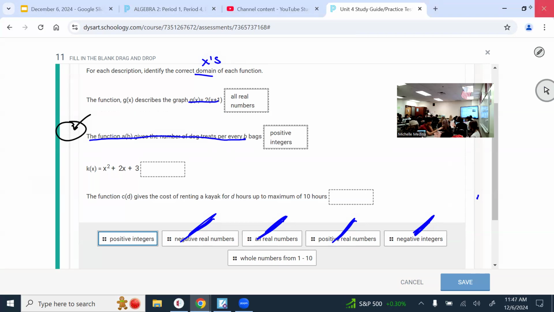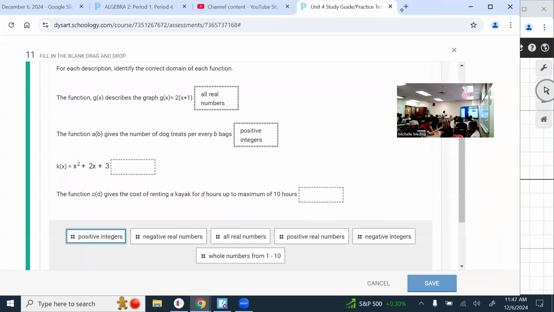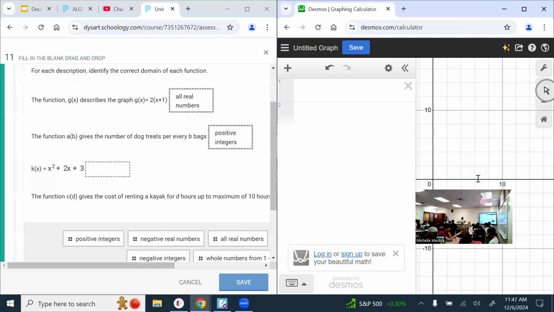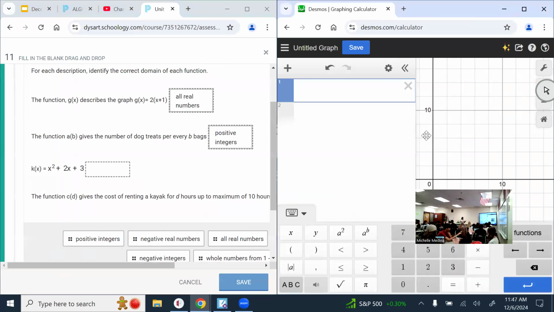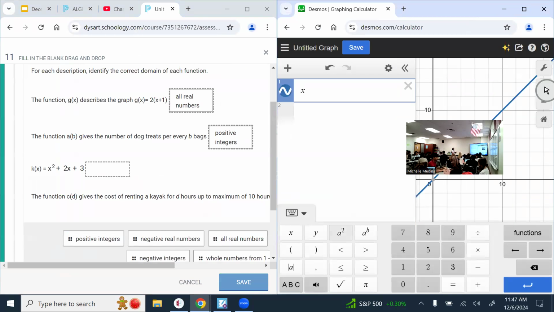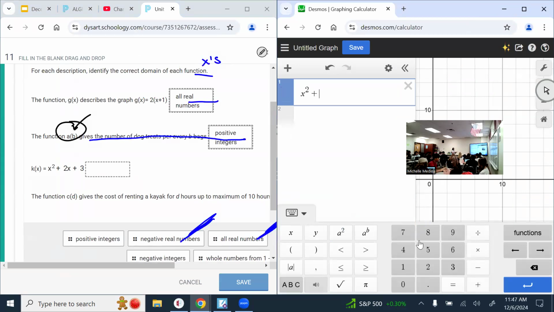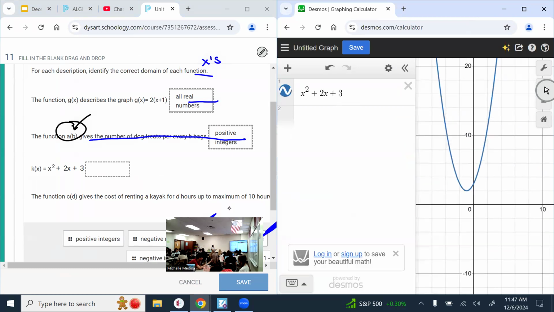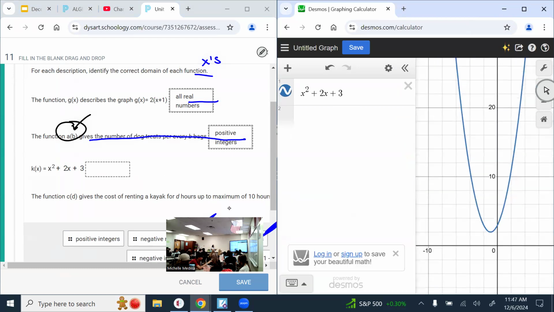All right, for K of X, I have another equation, nothing else about it, so I'm going to graph it and see what it looks like. You can use this function notation if you want. I'm just going to leave this part off. And when I look at my graph, it is a U-shaped graph. And notice what's happening.